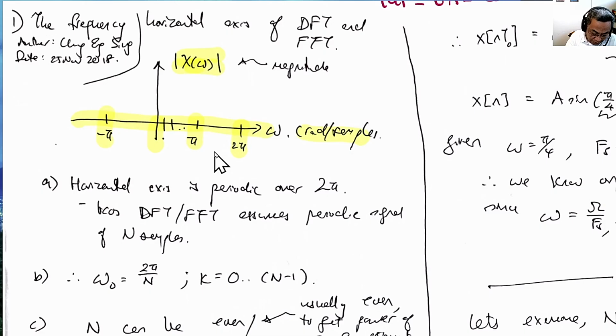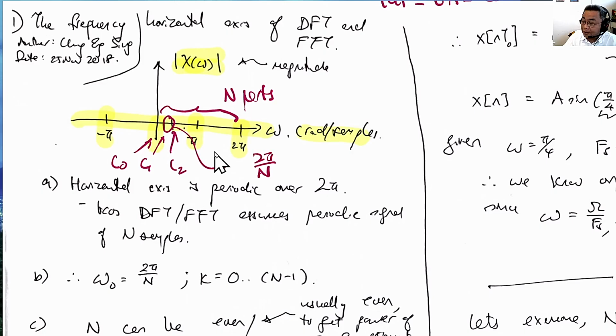In the DTFS, it will divide this spectrum into n parts. This is C0, and the next one is C1 and C2, and the interval in between them is 2 pi divided by n.